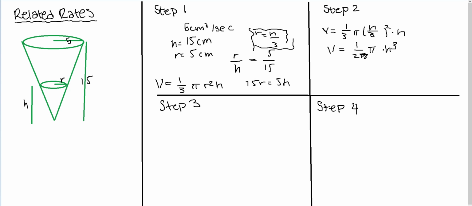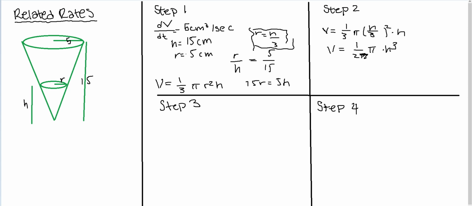So let's look back at this. In the hidden text, it's not hidden, it's just that we know that this 5 centimeters cubed a second is a rate. We are increasing our water level by 5 cubic centimeters, which is a volume, per second. So that means that the rate is the rate of the volume with respect to time.